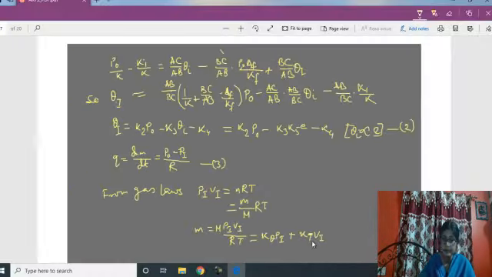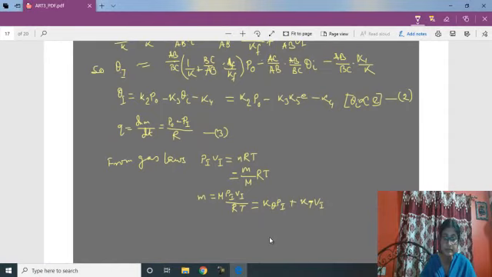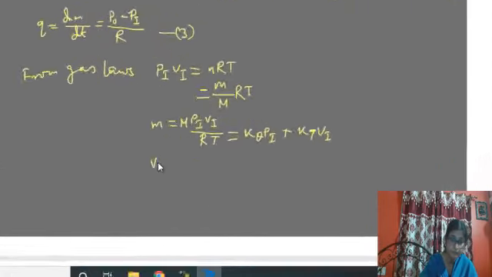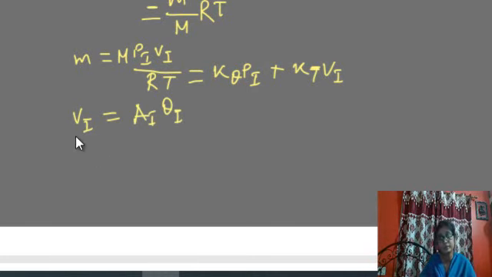So this Vi is Ai times θI, where Ai is the area and θ is the displacement or change in movement. So Vi is Ai θI.